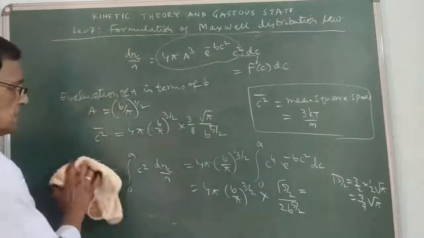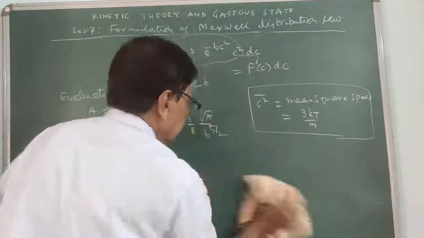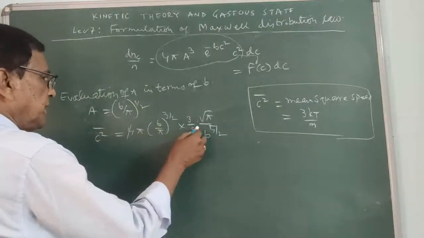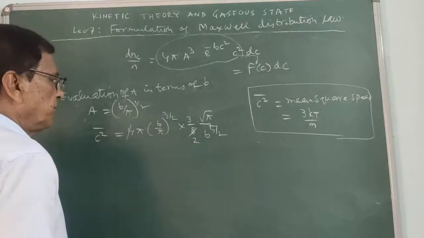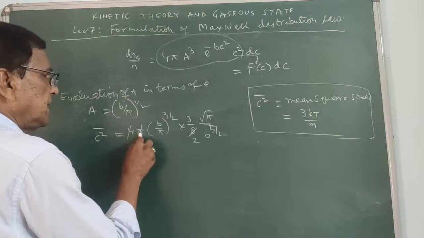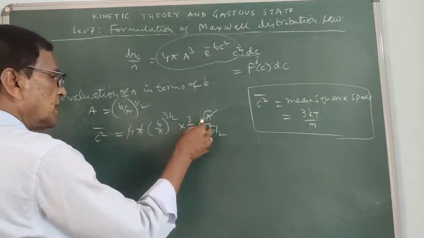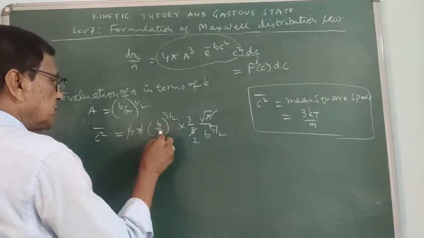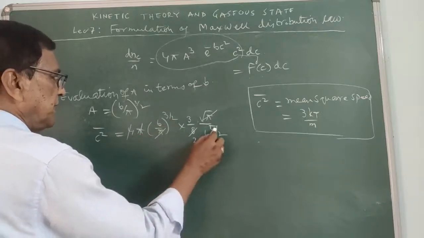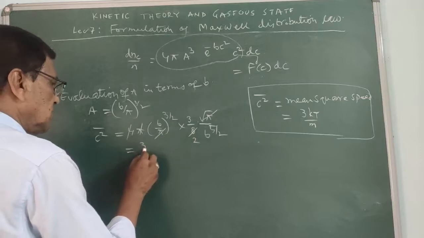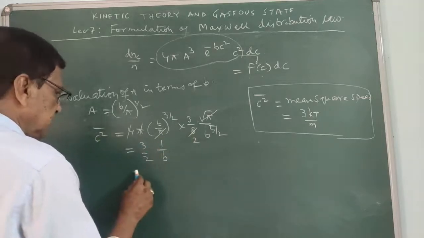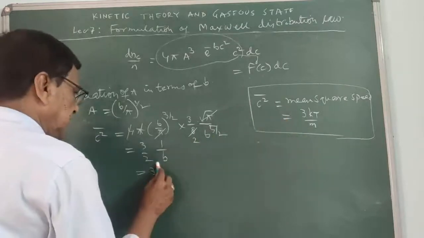The value comes up 4 and 8, 2, and π to the power half, and π^(3/2) cancels, and b^(3/2) with b^(5/2), so this is equal to 3/2 × 1/b, and this value is equal to 3kT/m.